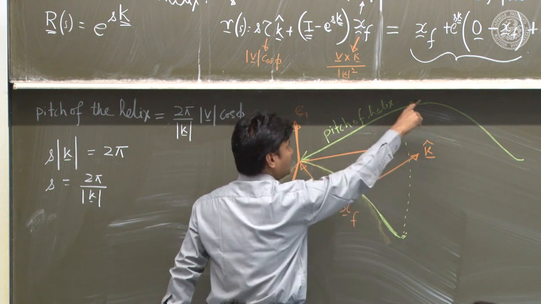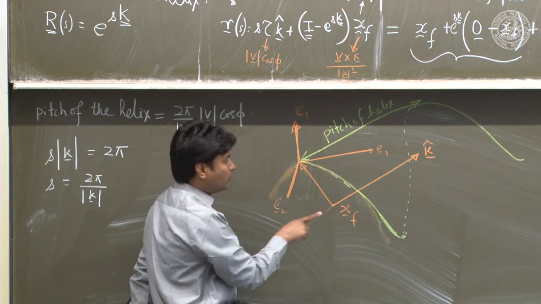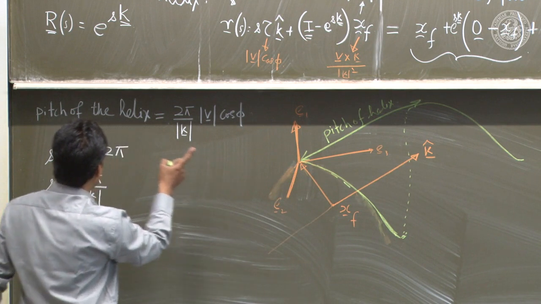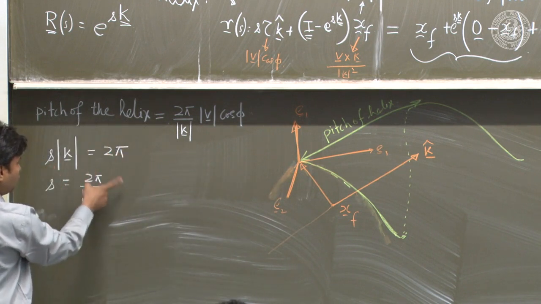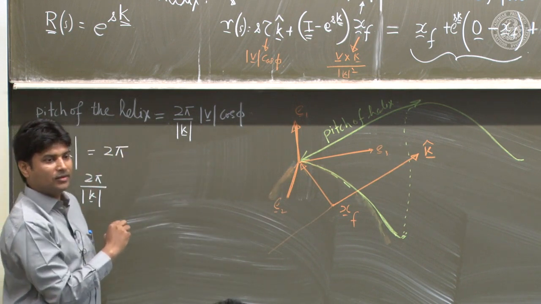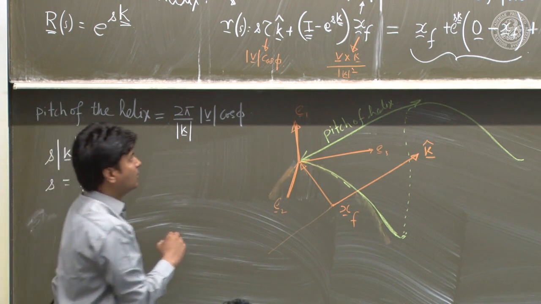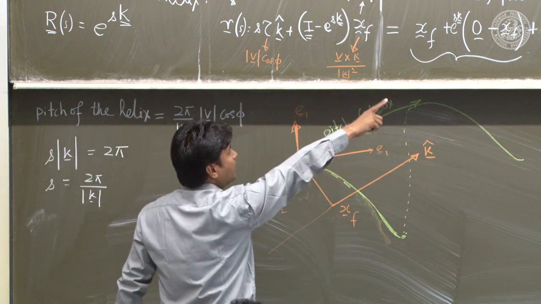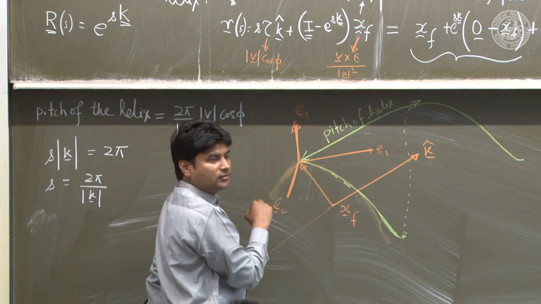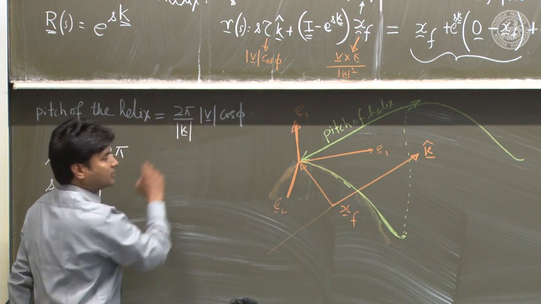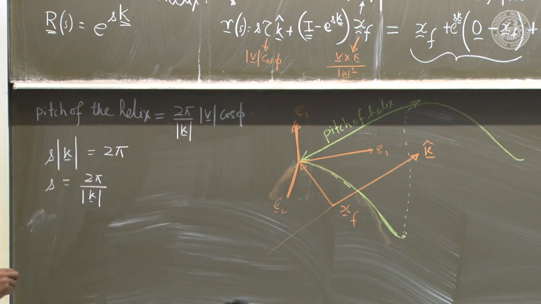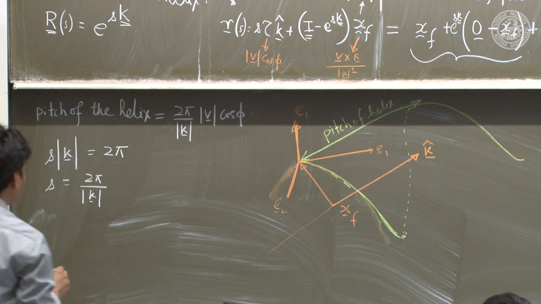That's the pitch of the helix. So to make one full turn, s has to be 2 pi over the magnitude of k, and so the translation is simply s times tau, which is in this number. Right? Okay?